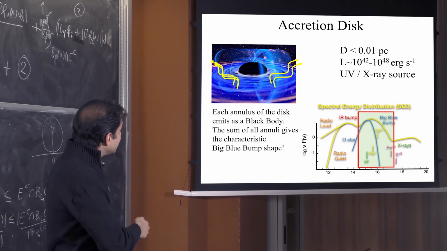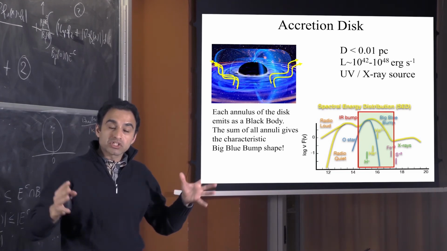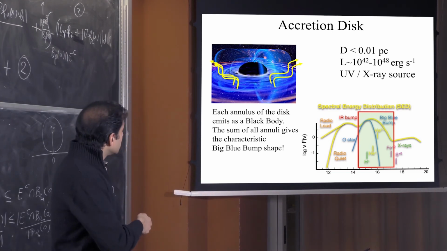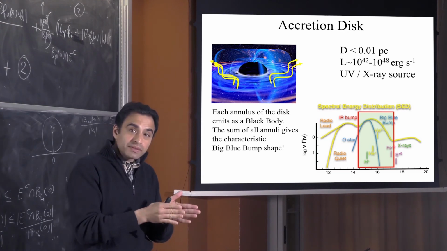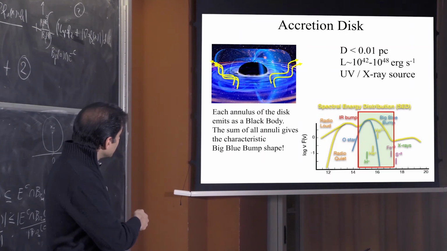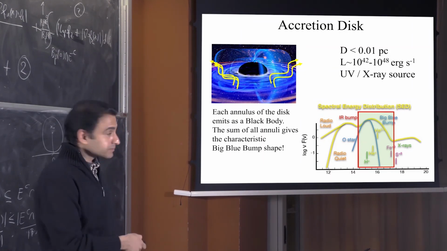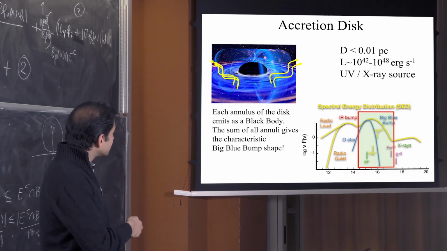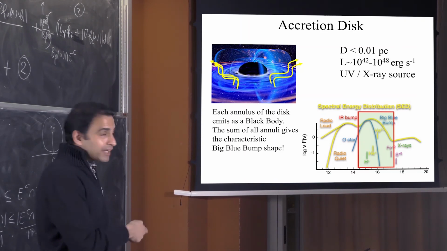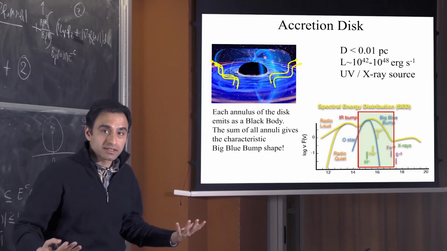Now, this disk is opaque to energy. So there is friction within the annuli of the disk. Each annulus over here is creating friction with the neighboring annuli. And this friction creates energy, which is radiated away as luminosity.